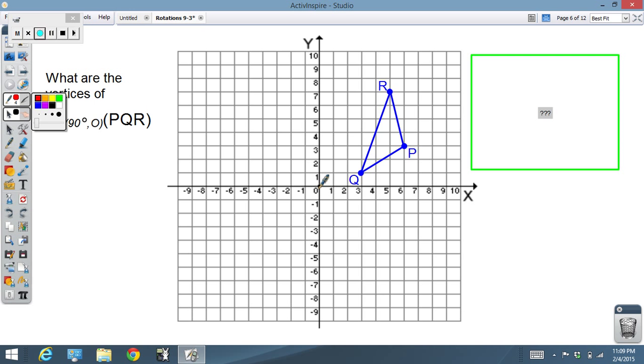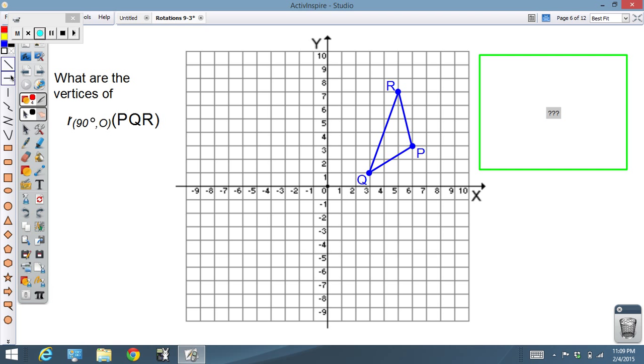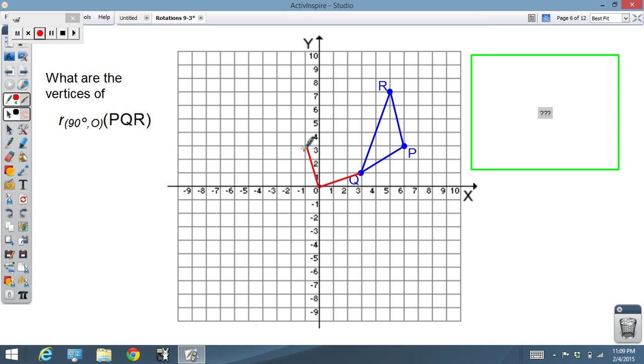If I consider a line from the origin to Q, I know my line from the origin to Q prime must be just as long and perpendicular, 90 degrees. There it is. This is the direction I go in order to get Q prime, right there.